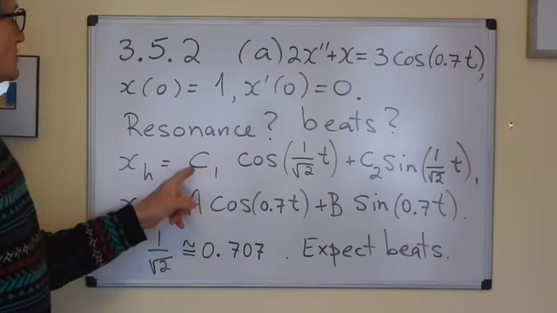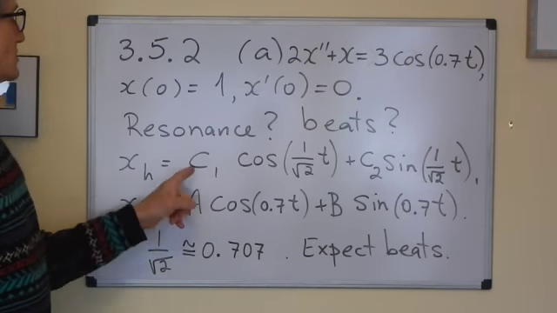And x prime of 0 comes just from the sine term, 1 over the square root of 2 from the differentiation, times C2. And that's equal to 0, so that means that C2 is equal to 0, so there's no sine term. And C1 is obviously 1 minus 150. So we get that the solution is 150 cosine 0.7t minus 149 cosine 1 over the square root of 2 t.